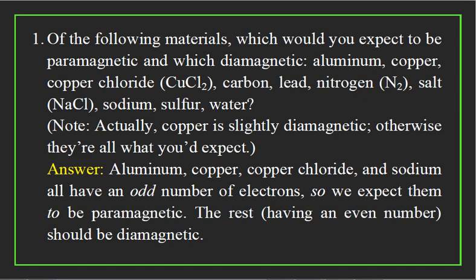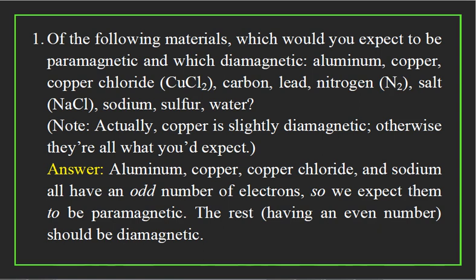Here aluminum, copper chloride and sodium all have an odd number of electrons. So from the general rule, we expect them to be paramagnetic. But actually copper is slightly diamagnetic. As discussed in the chapter, it is a quantum mechanical behavior.